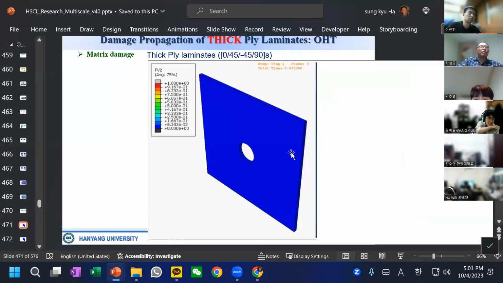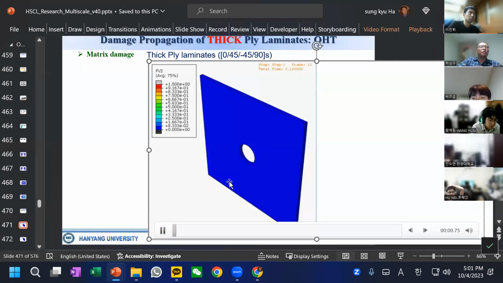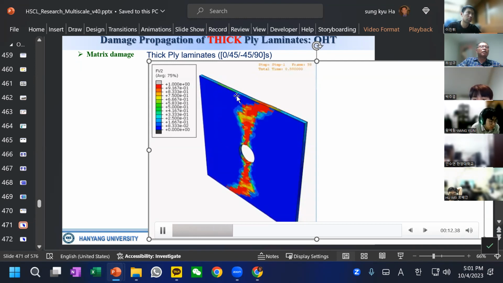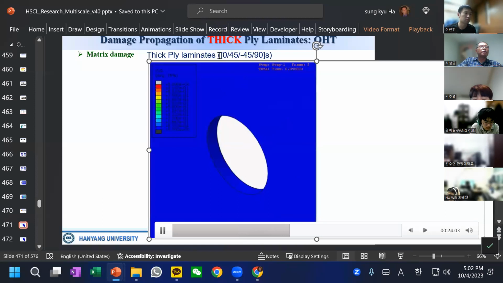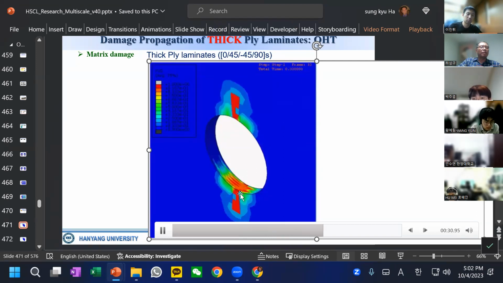And then we can understand, and now this is a microscopic, more detailed view under tension, and you can see how this damage can propagate. I'm sorry, this is thick, with a little bit of a zigzag view. And you can see these are the many layers, 0, plus minus 45 symmetric layers. This is a microscopic, local view.